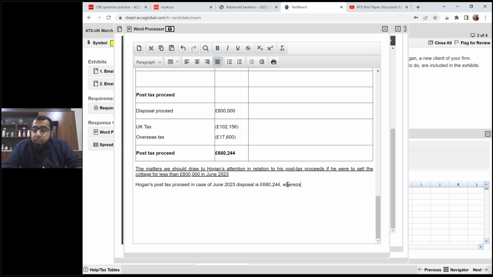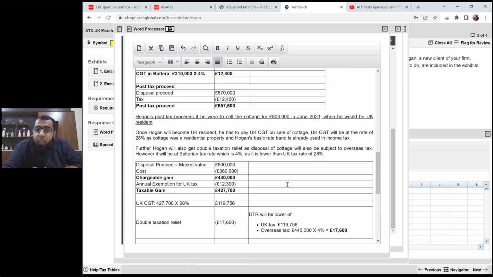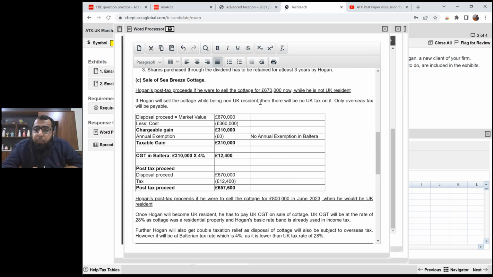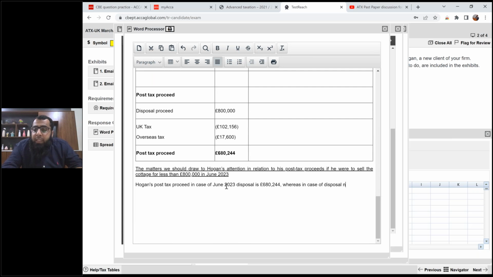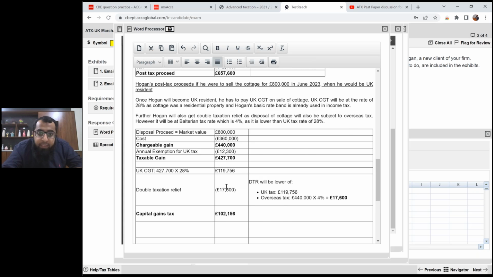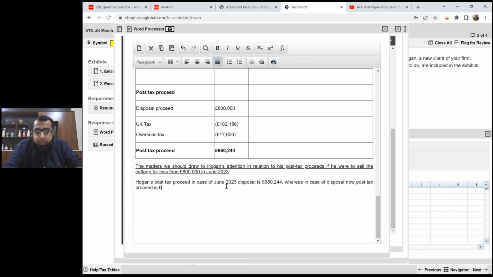Whereas if we were to sell it now, the post-tax proceed is 657,600.